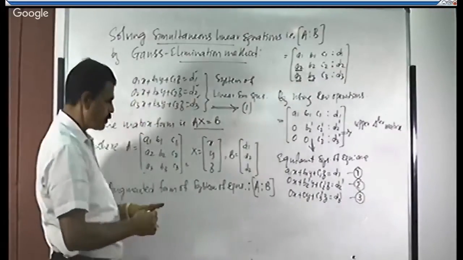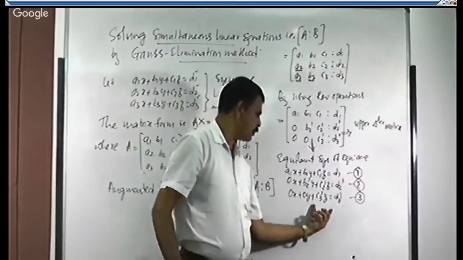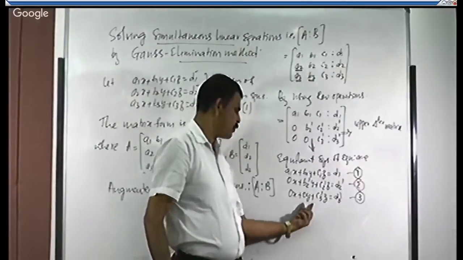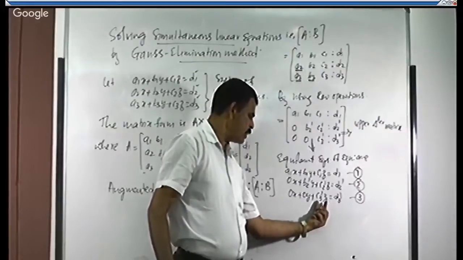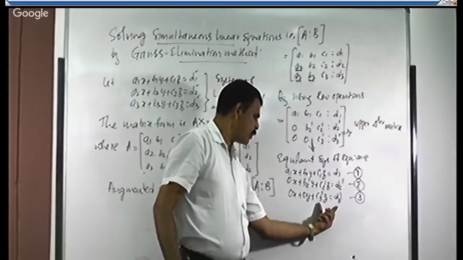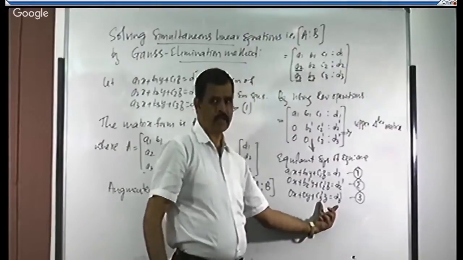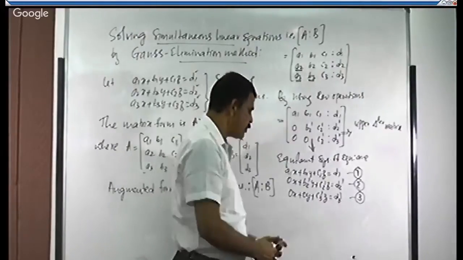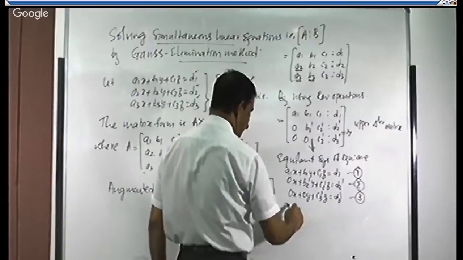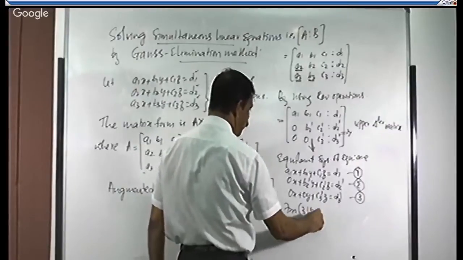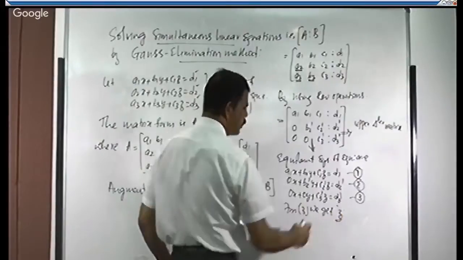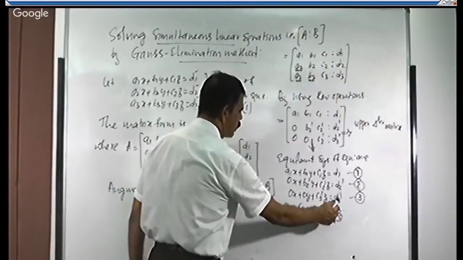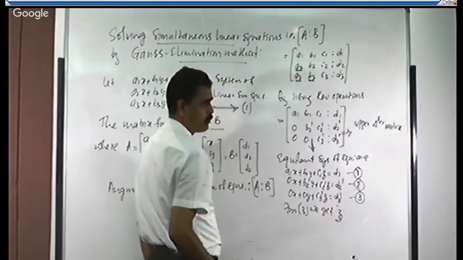Observe these three equations. From the last equation, we have 0x, 0y, only z is there: c3 dash z is equal to d3 dash. From that, we can calculate z directly. From 3, we get the z value. Z is equal to d3 dash divided by c3 dash.